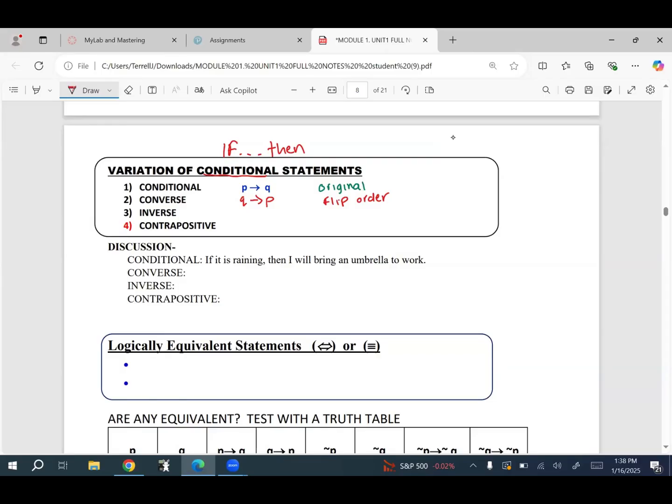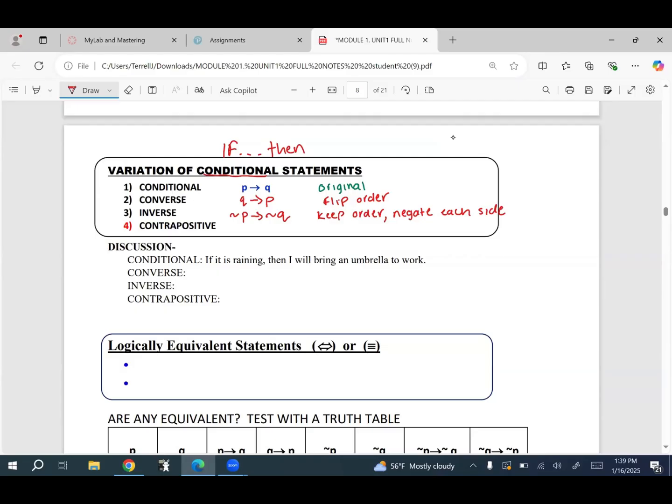Inverse means I'm going to negate the original. So it's not P, then not Q. So I'm going to keep the order and then negate each side. Okay, so converse means I'm going to flip them.